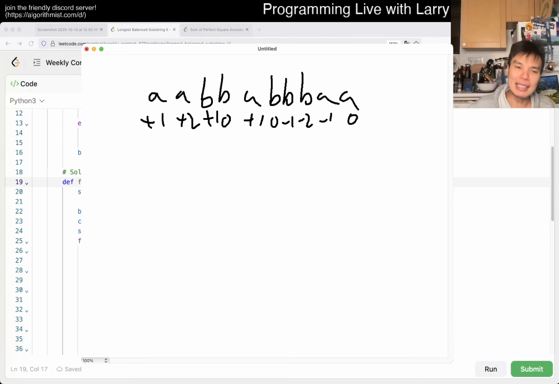The key idea behind this one is just that prefix sum. So you have all these numbers, but we want to make sure 2 characters have the same number of characters, meaning the sub-array sum is 0.